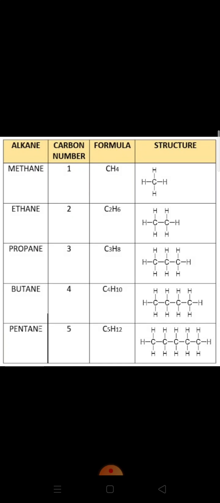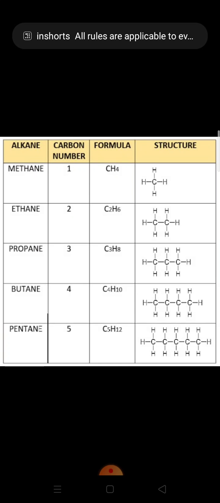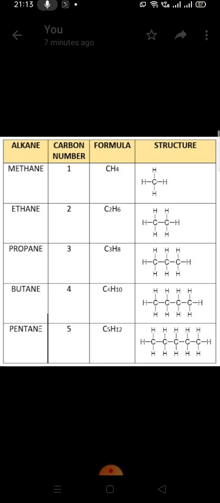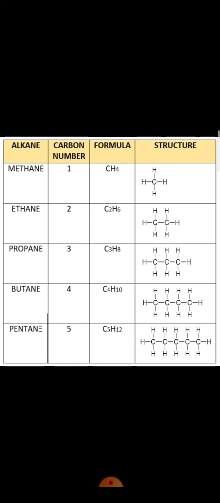If suppose the number of carbon is 2, then we will get the formula C2H6 and the name is ethane. With 3 carbons, the name is propane, then butane, and then pentane, and so on.